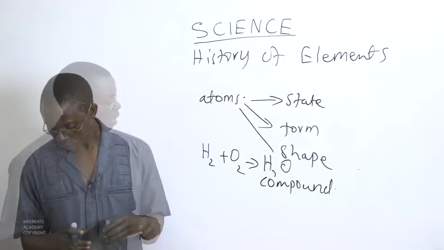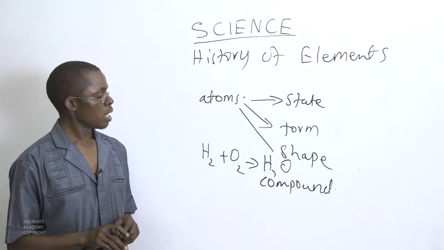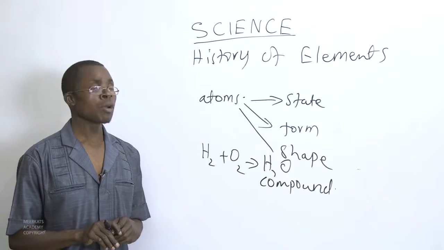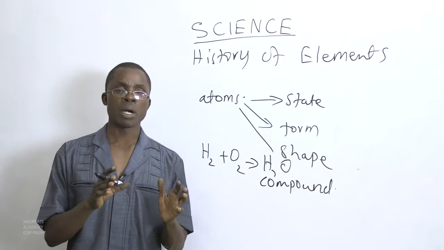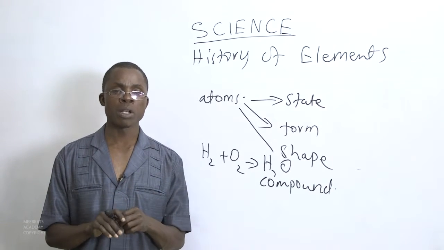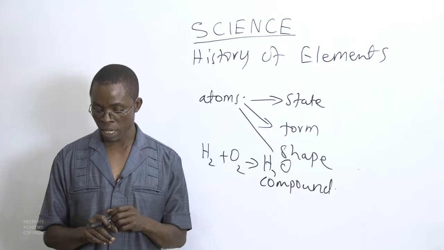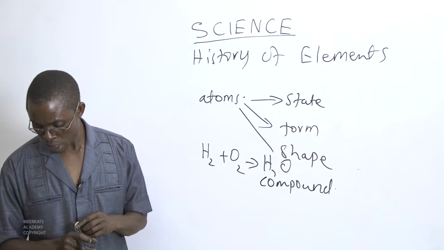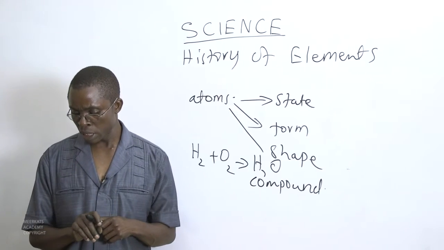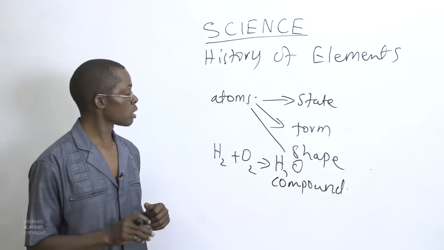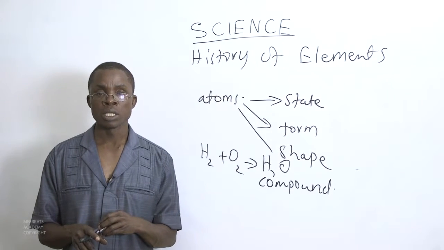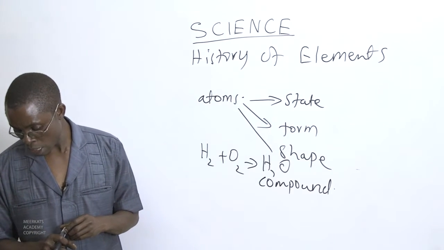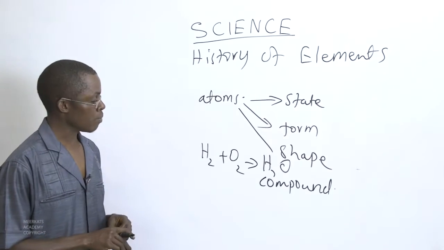And lastly, he gave a recommendation that chemical reactions, which we saw in the first part when we were talking about heating the tin can, change the way atoms are grouped together.